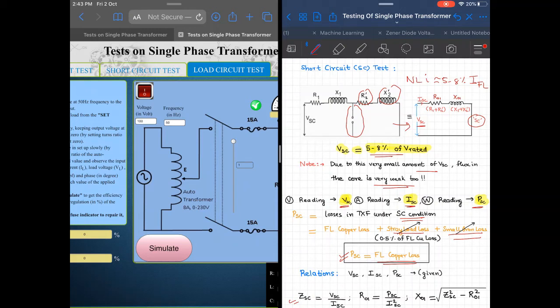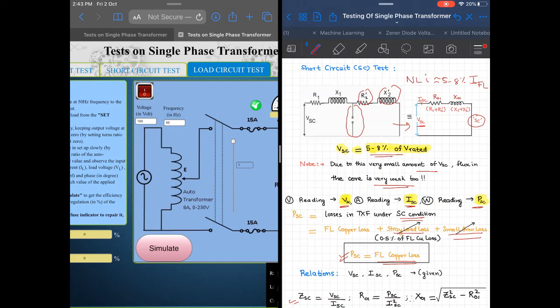Similarly, R01 will be PSC upon ISC square, because power loss in the resistor will be I square R. Therefore, X01 will be under root ZSC square minus R01 square. So that is how we calculate the series branch parameters of the transformer.